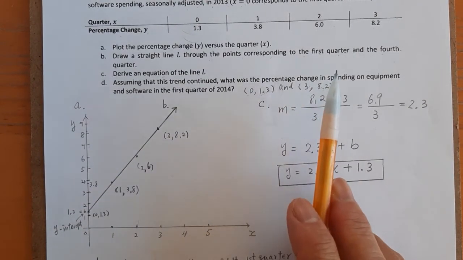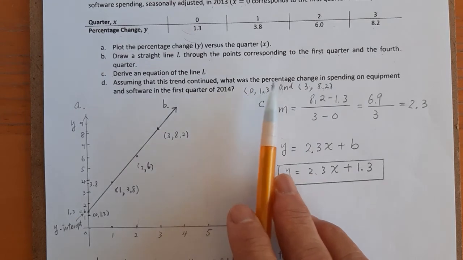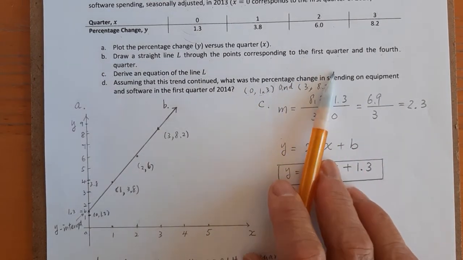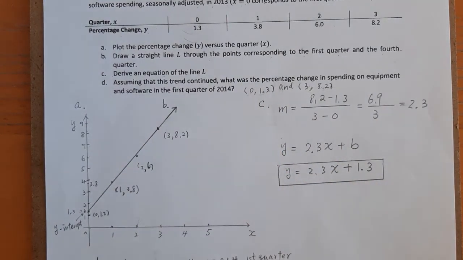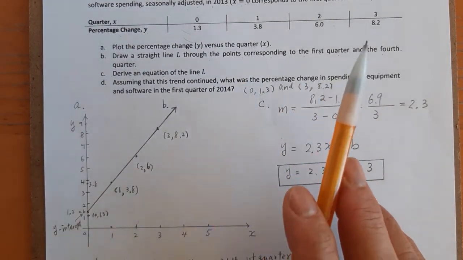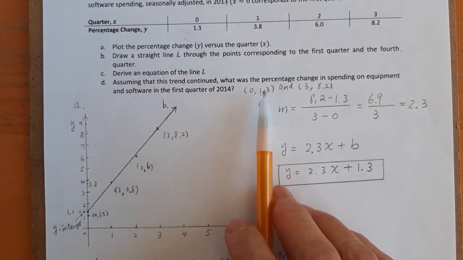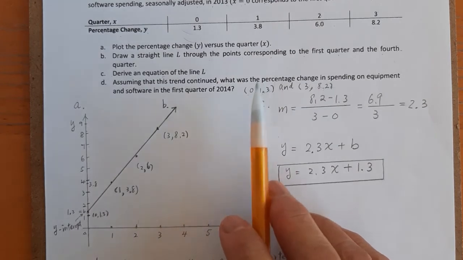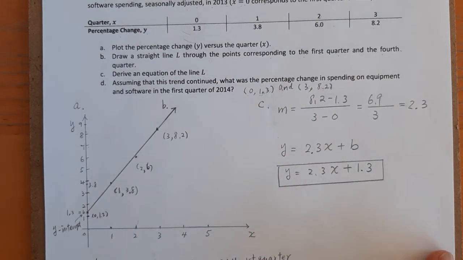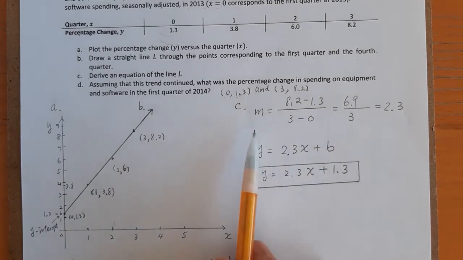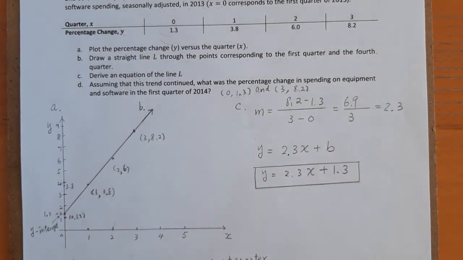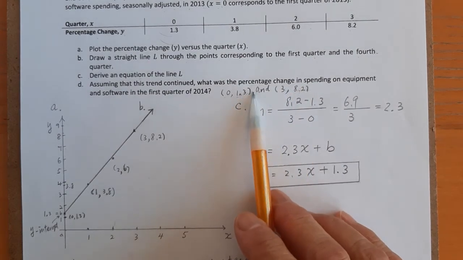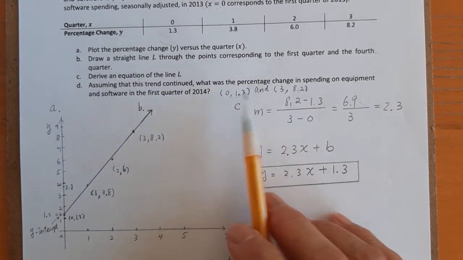If you do second minus first for both the x and y coordinates, or first minus second for both, you can do either way and the slope is the same. So 8.2 minus 1.3 gets 6.9, and 3 minus 0 gets 3.